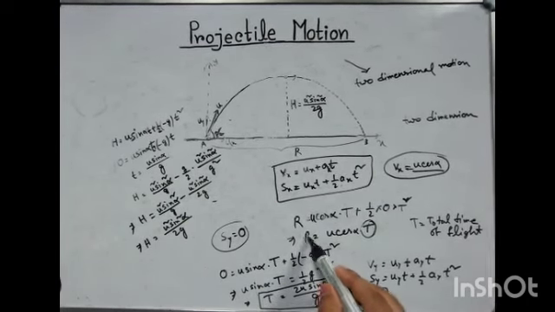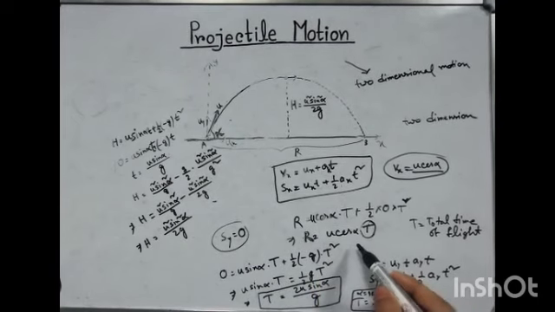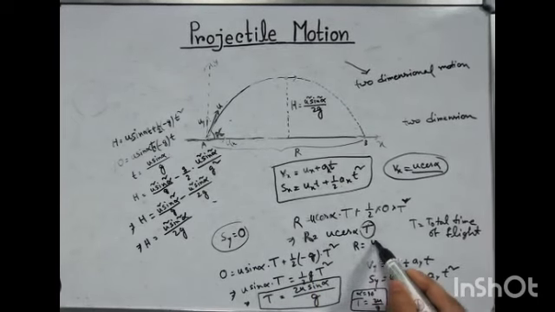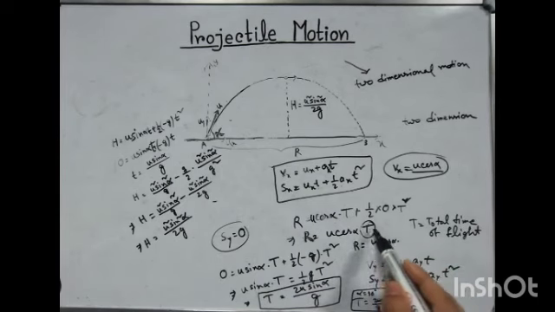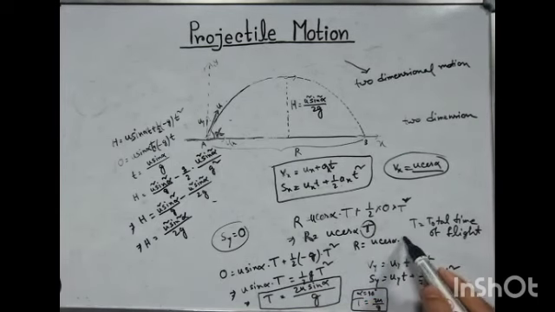Okay, so the horizontal range capital R will be what? u cos alpha into capital T. Capital T is 2u sin alpha by g.